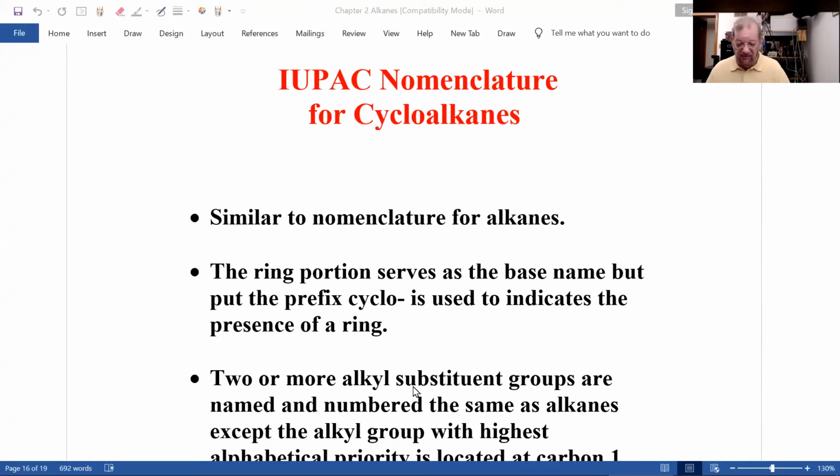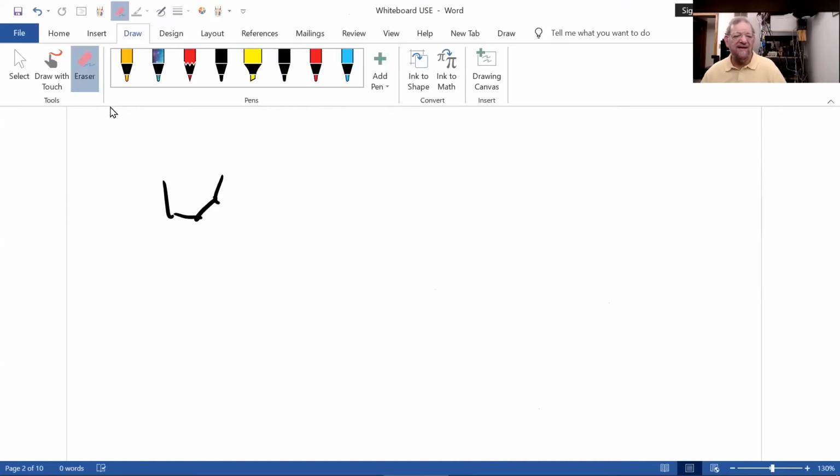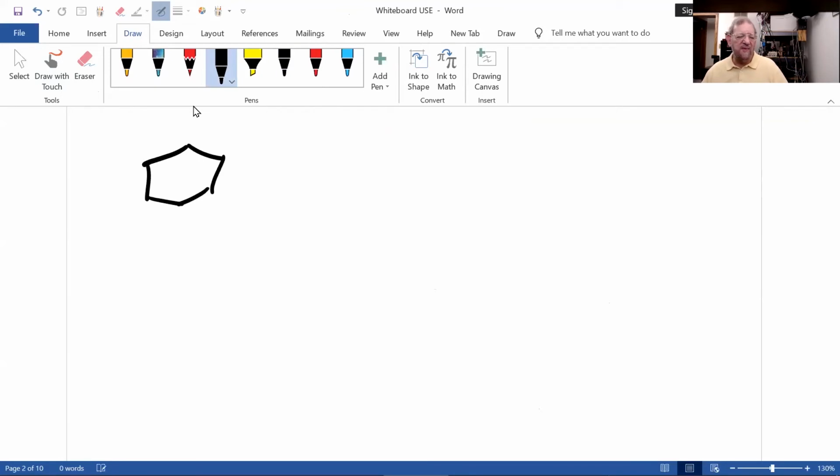Let's take a look at those. By the way, let's find out if I'm having a good ring drawing day or a bad one. That's better. And if you look at this, what's its IUPAC name? Well, how do you do that? Well, you don't find how many carbons are in the longest chain. You find how many carbons are in the ring.